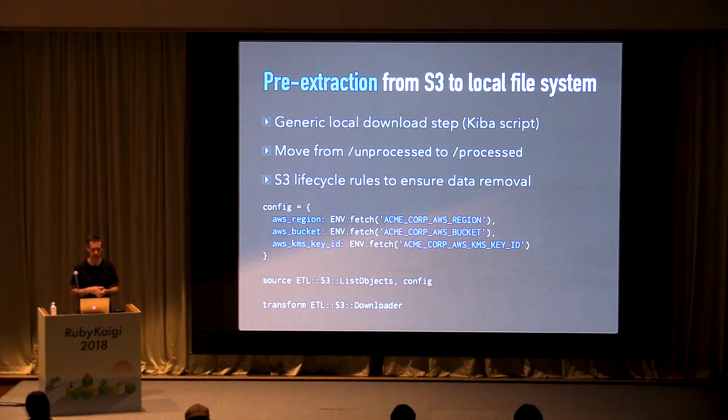If I want to pre-extract from S3 to a local system, maybe things get delivered into an /unprocessed subpart of the S3 bucket. When the extractor has downloaded it locally, it will move it to processed. And then you put an Amazon lifecycle rule to delete the files after that, so you don't keep data lying around too long.